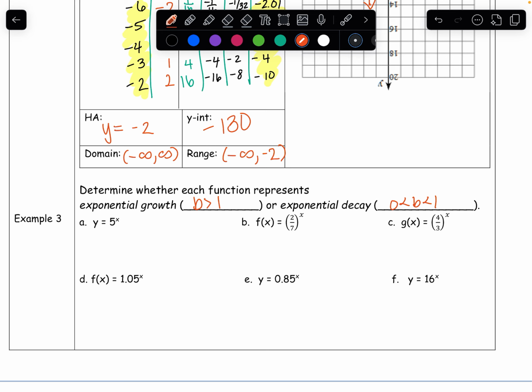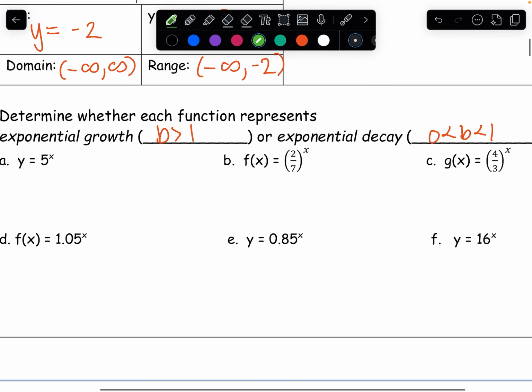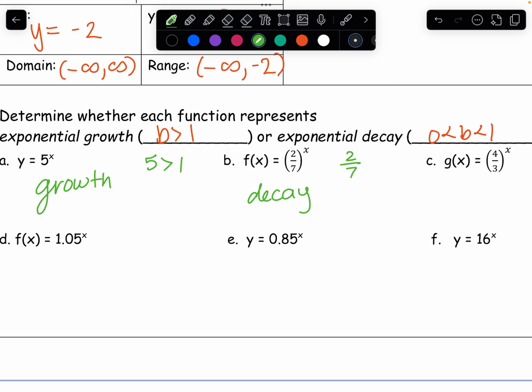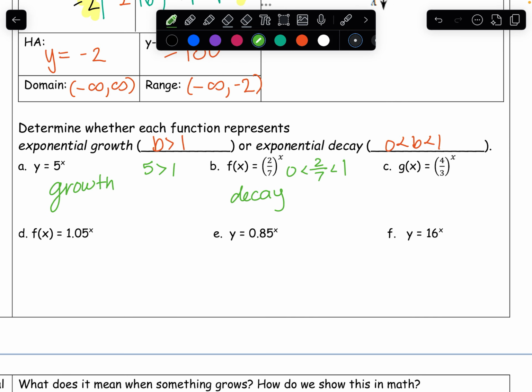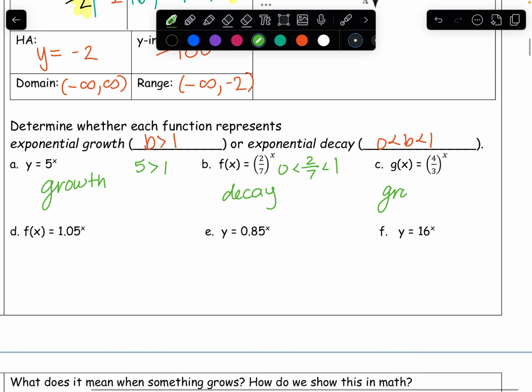Exponential, you just got to make sure you have an exponent that's a variable. And so, here we go. A is growth, because 5 is greater than 1. B, decay, because 2/7 is between 0 and 1. C, this one's tricky. It's growth because 4/3 as a decimal would be 1.3 repeating, which is greater than 1.